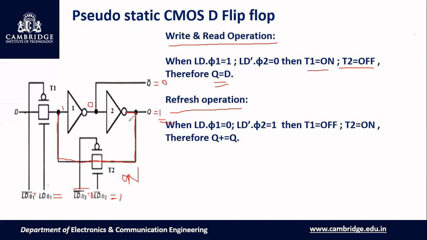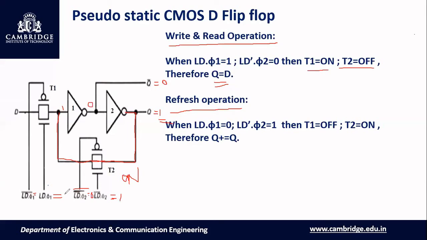Here the pull-up transistor will charge the output capacitor to VDD. That is why you'll get logic 1, right? That 1 is applied to the input. If I apply logic 1, the pull-down transistor, NMOS, will be on. Whatever charge you have in the output capacitor will be discharged, right?